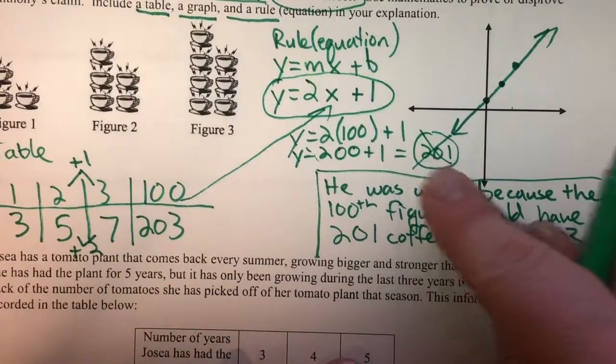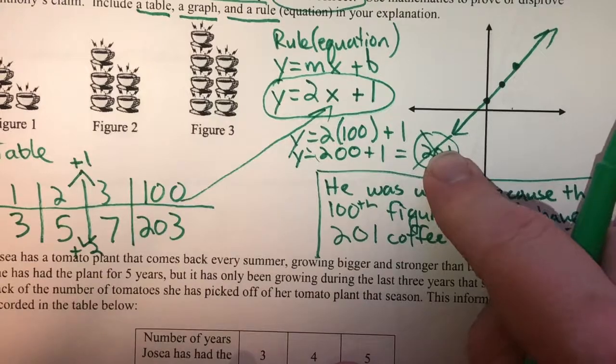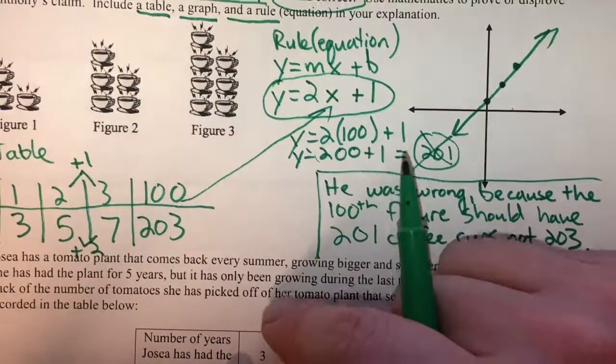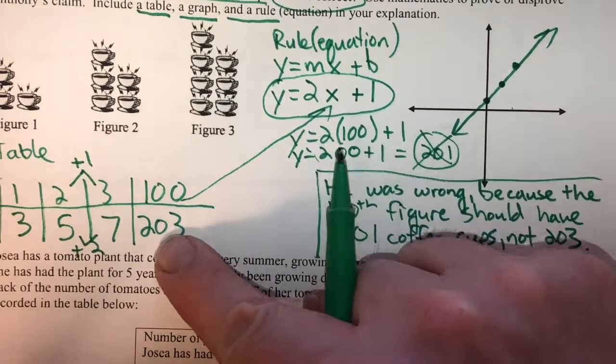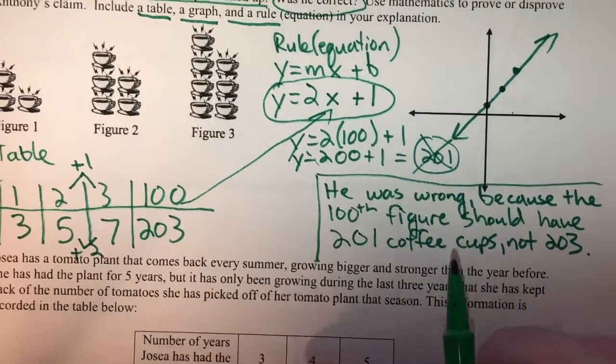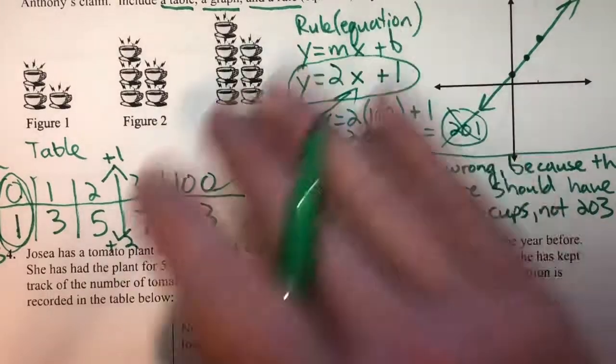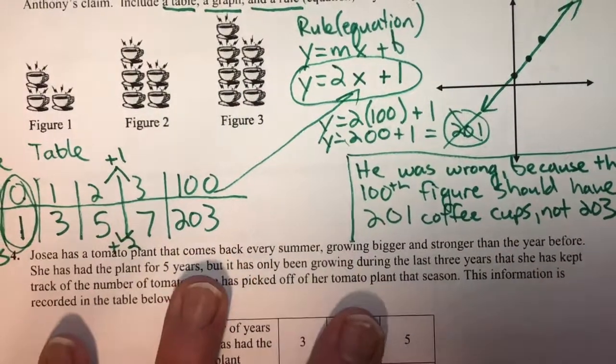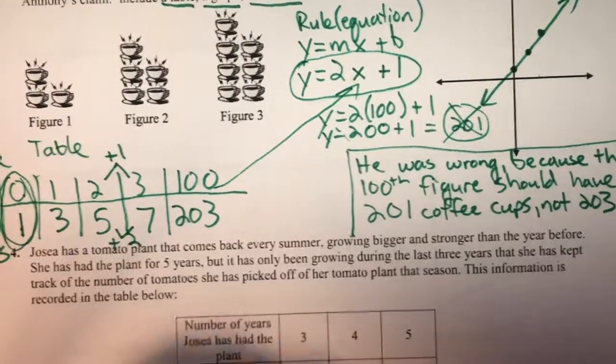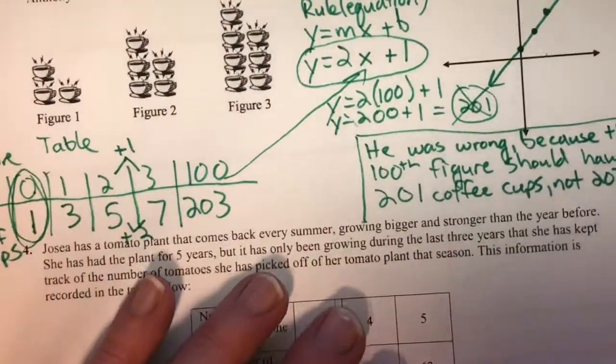Which is a little confusing because I crossed out 201. That's actually the right answer. It's the 203 that's incorrect. So I was just saying that because it doesn't match what he said. So he's wrong. So once again, I've got all my different representations that we've learned about, and I answered the question for that one. All right, we're going to start on this one.